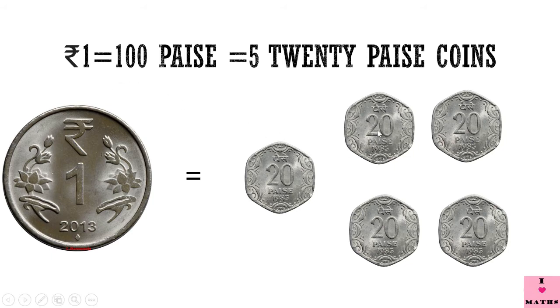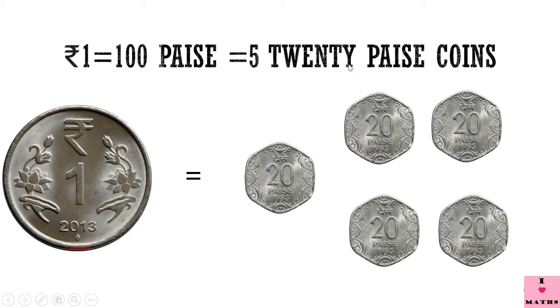Okay. 20 paisa coins. We want to find how many 20 paisa coins make a rupee. So we will divide 100 by 20. 100 will be the dividend and 20 will be the divisor. Now 20 fives are 100. So 5 will be the quotient.